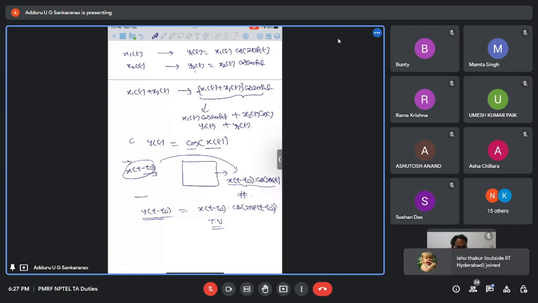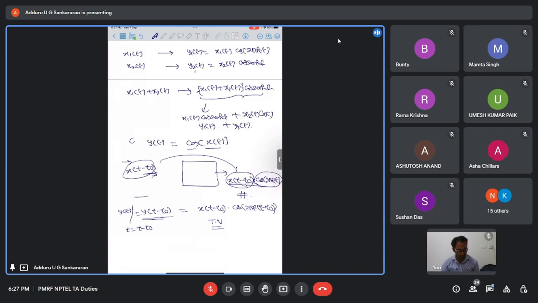Is that okay? See, first the output due to shifted input x of t minus t naught, only the input is shifting, into cos 2 pi fct. And directly shifting the output, that means the output we know is y of t. In y of t, instead of t you replace t minus t naught, at every t.